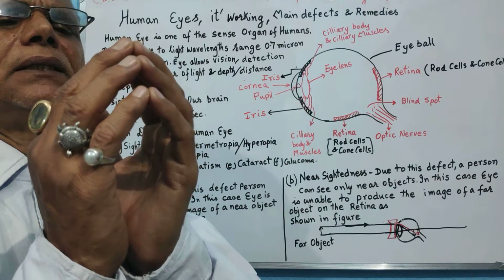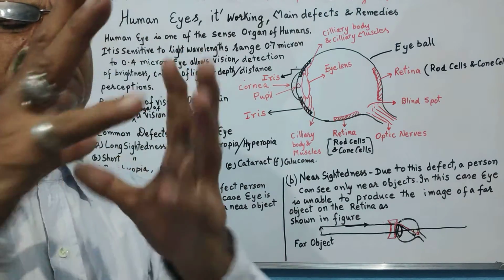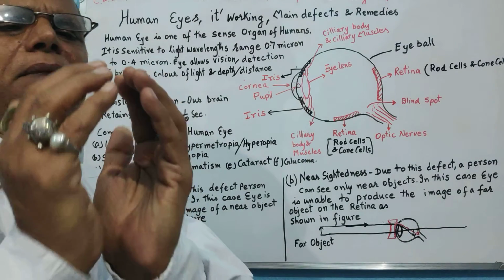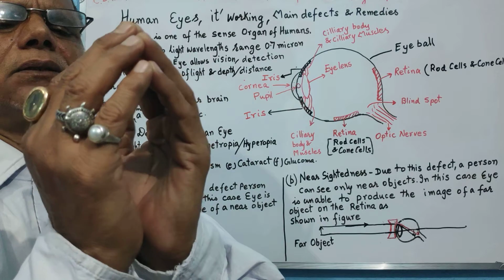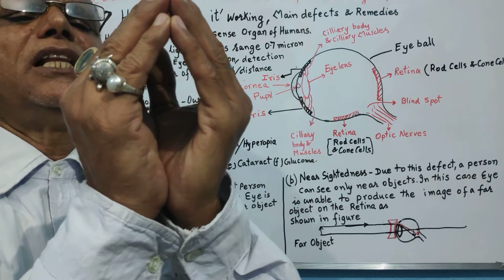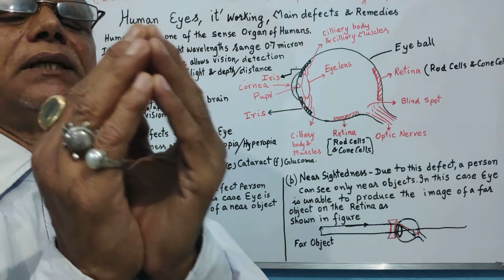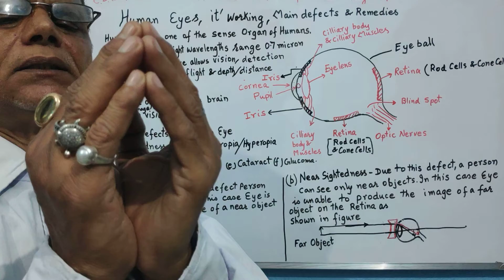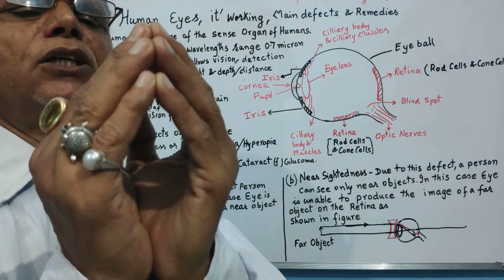And if the ciliary muscles are elongated, made long, then this lens comes to have a shape which is more bulging in the center, and in that case the focal length of the eye lens is reduced, means converging power is increased.